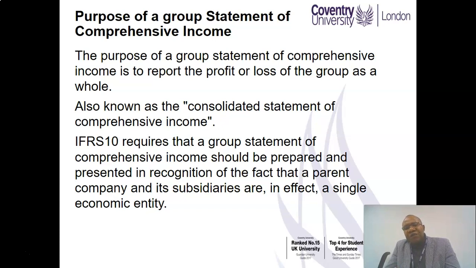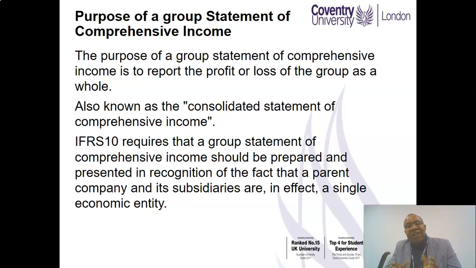The importance of this is that a group as one unit cannot sell to themselves or buy from themselves as a unit. So if entity A owns entity B, then they both exist separately as legal entities.